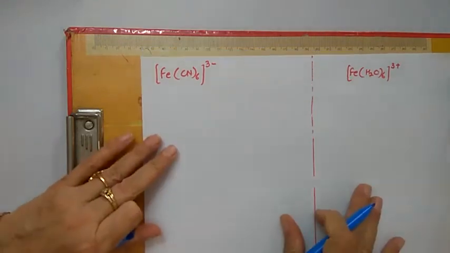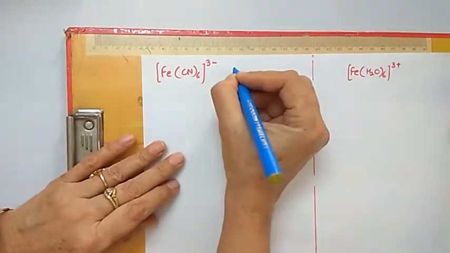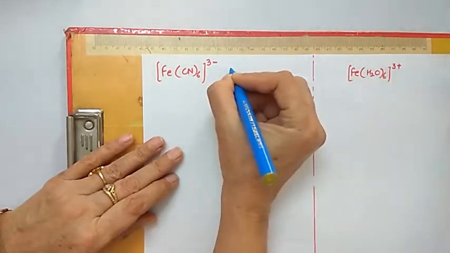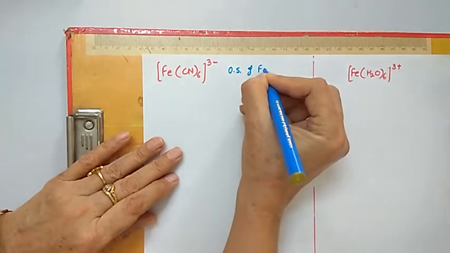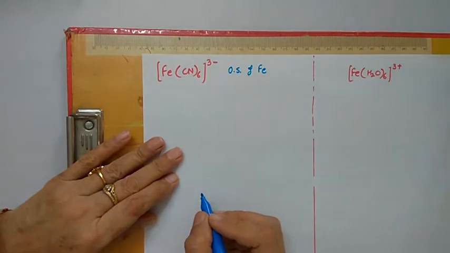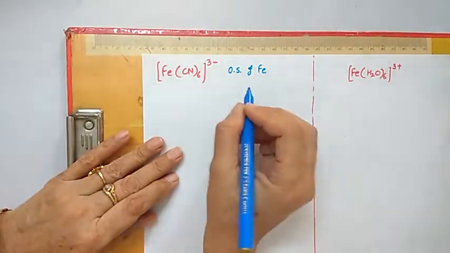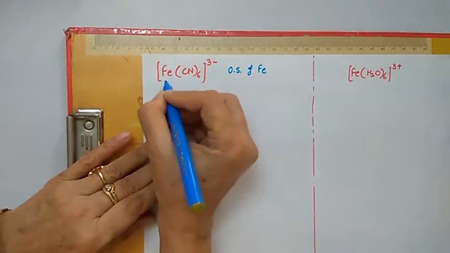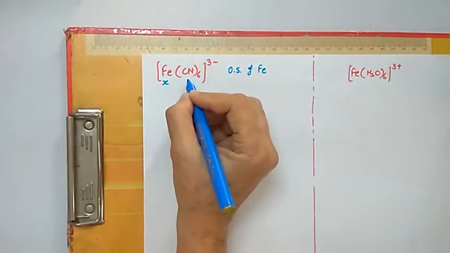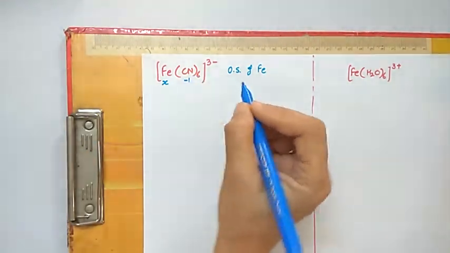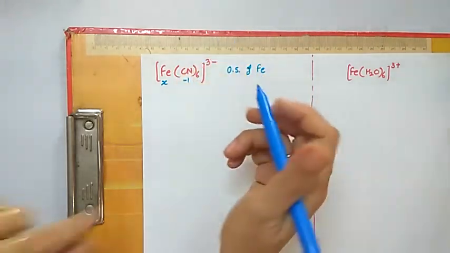The first step is to find the oxidation state of Fe. So how to find the oxidation state of Fe? Suppose this is X, the charge on the cyanide ligand is -1 and the charge on the complex is -3.